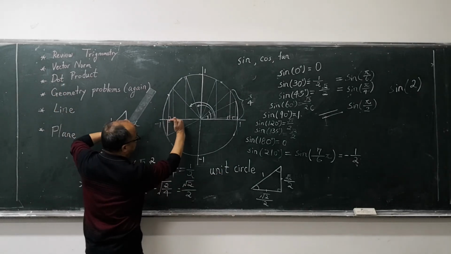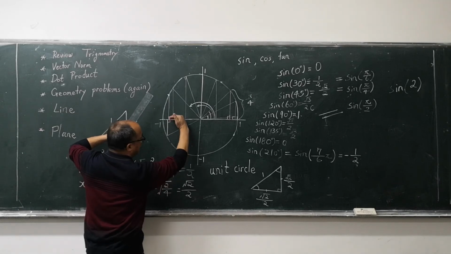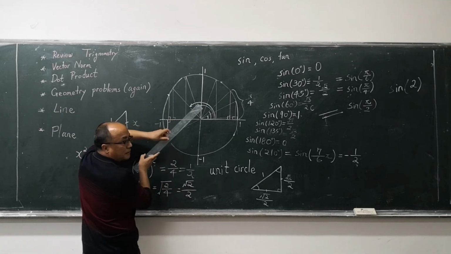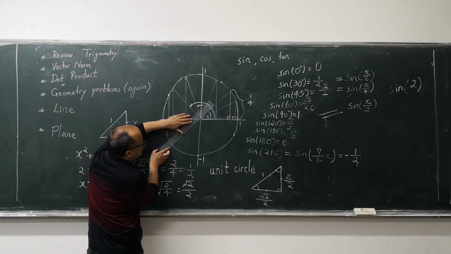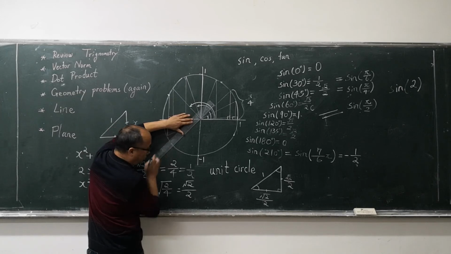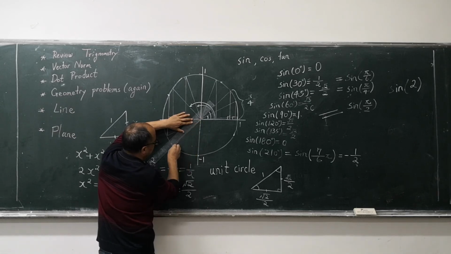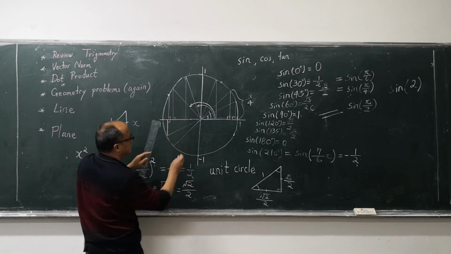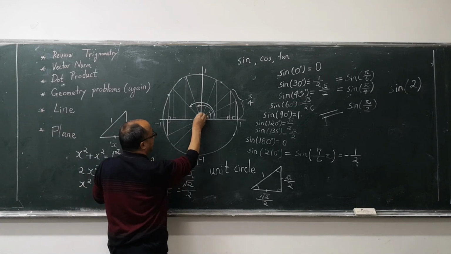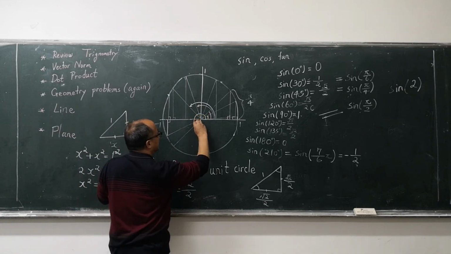Now, if it's 180 degrees, I keep turning an extra 45 degrees. What's the degree number? It's from here to here.